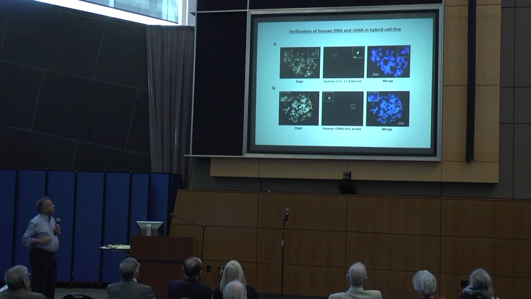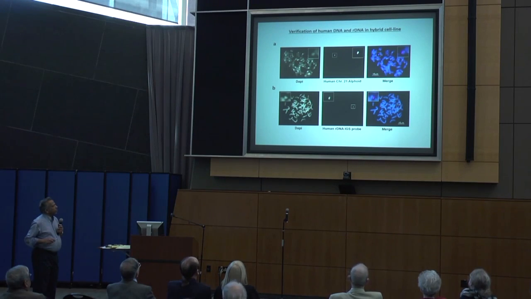And then you can see a single spot, which is shown here in the spread. And this inset shows an expansion of that to illustrate the point. And this shows a merge between the DNA stain and the expanded part. So this shows that this contains a human chromosome.